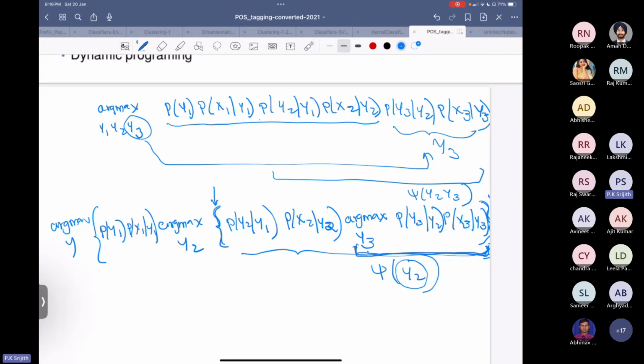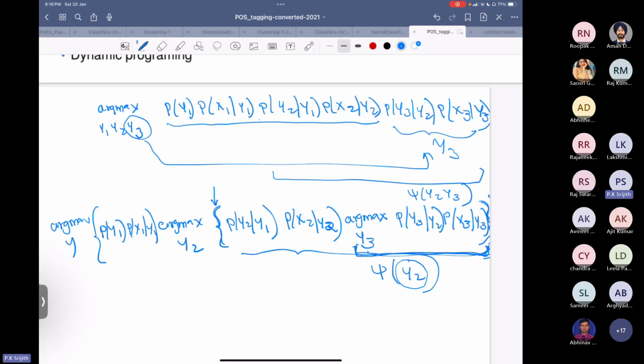But what I'm saying is that you don't have to compute this y3 for all these different values of y1 and y2.